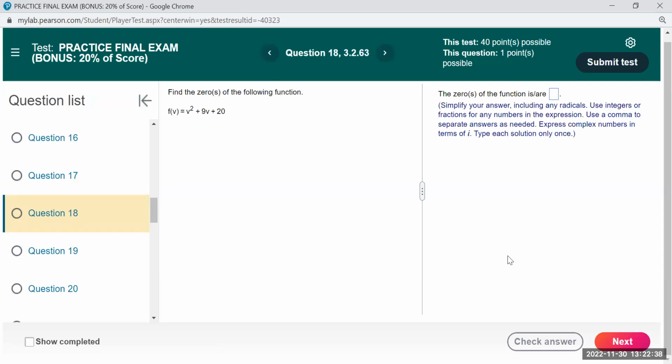Find the zeros of the function. f of x equals x squared plus 9x plus 20.